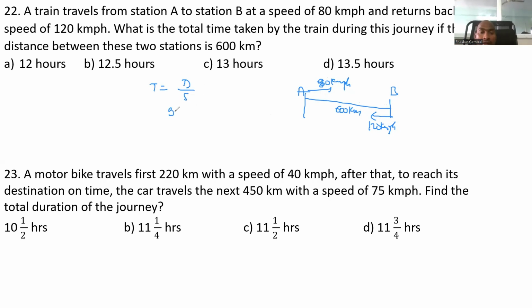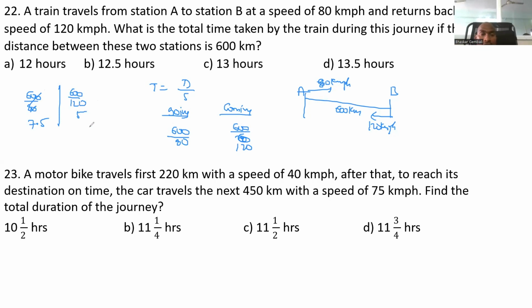Going: 600 by 80, 0 cancel, 8 7s are 56, 4 8 5s. Coming: 600 by 120, that is nothing but 5 hours.